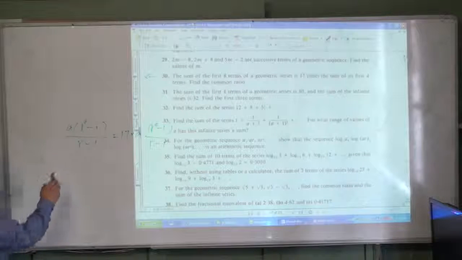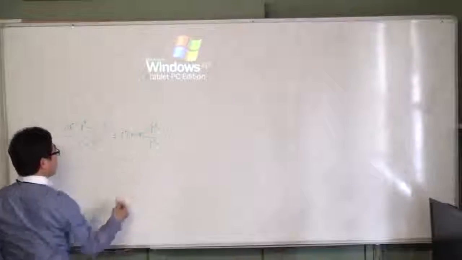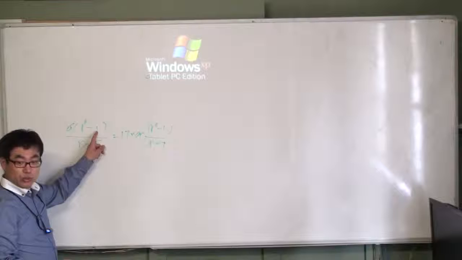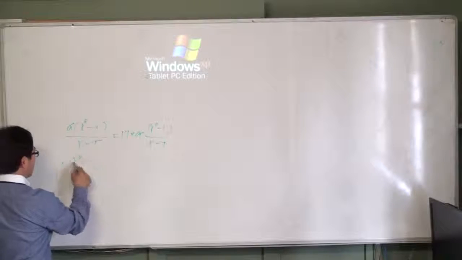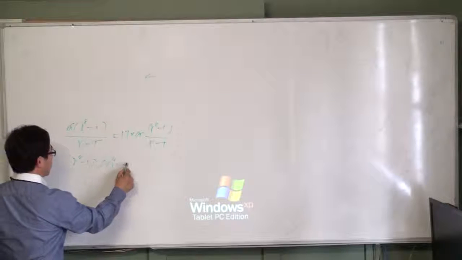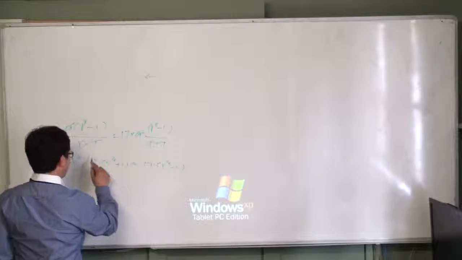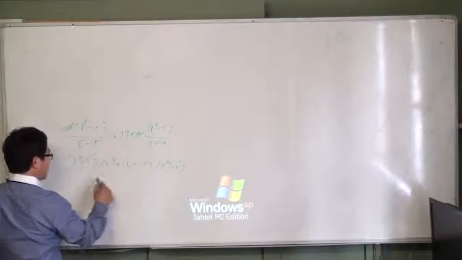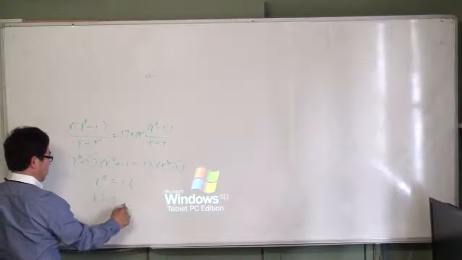Then easy. Gone. It can be factorized with this. So that is (R^4 minus 1)(R^4 plus 1) equals 17(R^4 minus 1). Gone. R^4 equals 16. R equals plus or minus 2.